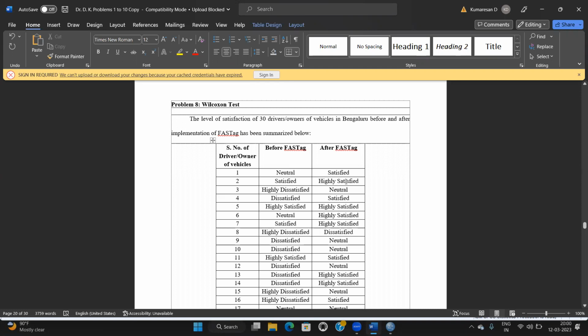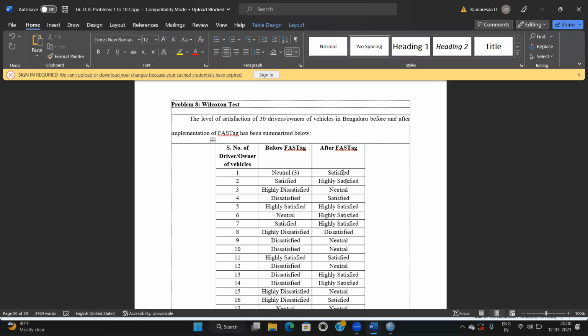Suppose for this driver, the satisfaction before FASTag was neutral. So what is the value to be assigned? 3. We assign 3. Okay.